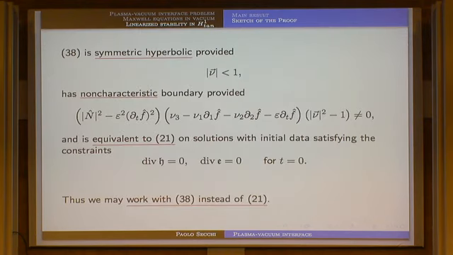Again, this system is symmetric hyperbolic if we have this restriction on Ni. It can also be non-characteristic, depending on the choice of Ni, while the original system is characteristic, but we have the constraints. Moreover, it is equivalent: that strange combination of equations is equivalent to the Maxwell equations, provided the initial data satisfy the two constraints. So for solutions satisfying the two constraints, they are equivalent, and we can take the second formulation instead of the first one.